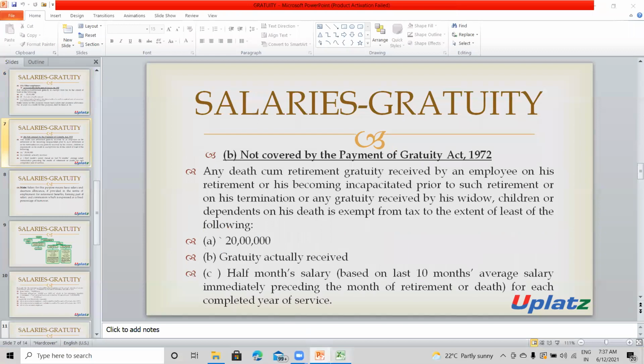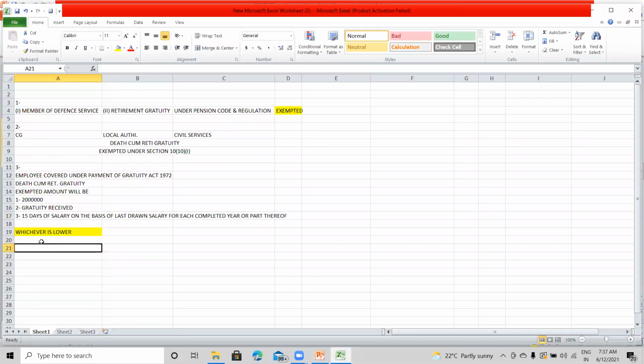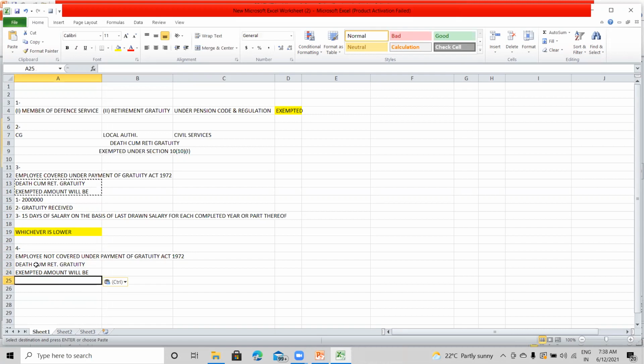if there is any employee who is not covered under the Payment of Gratuity Act, and he received death cum retirement gratuity, then the exemption amount will be number one, 20 lakh.